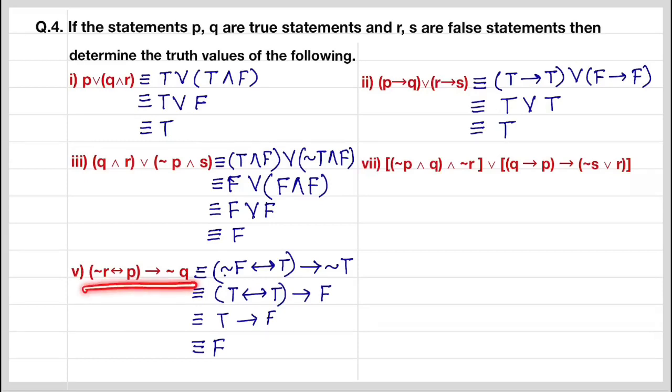Therefore, the truth value of this statement is F. It means this statement is a false statement.